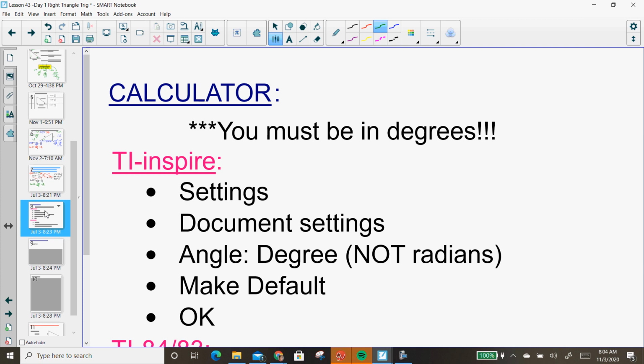If you are using a TI Inspire, once it's turned on, from your home screen, you're going to push your menu button, and then you can just push 5 for settings, and then you're going to choose 2 for document settings. And then where it says angle, you need to make sure that it says degrees and not radians. And then you want to click OK down at the bottom to make it your default.